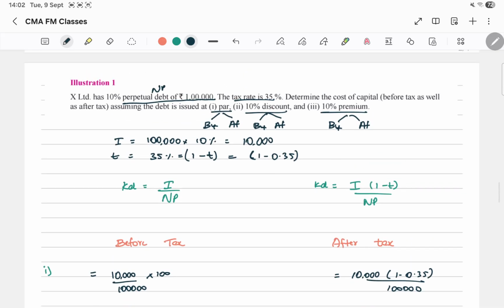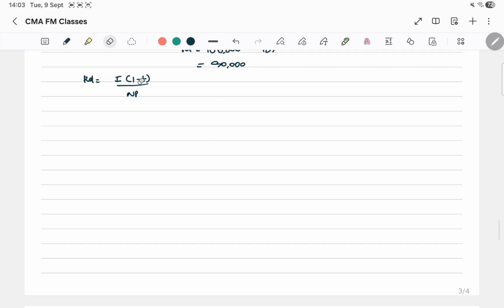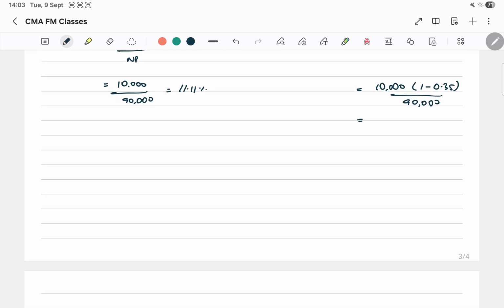I wrote the formula in the first sum just to make you memorize it. Before tax, interest is 10,000 divided by 90,000, which into 100 is 11.11%. After tax, 10,000 into 0.65 divided by 90,000 gives 7.22%.